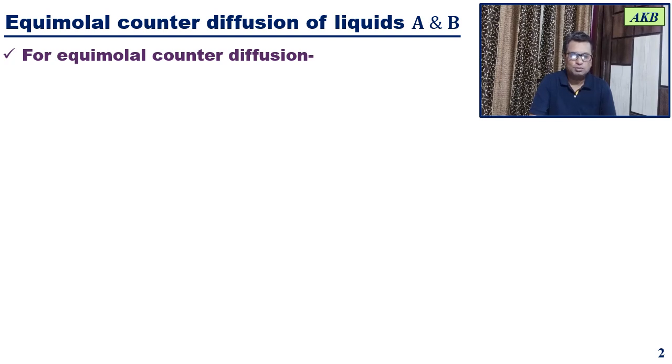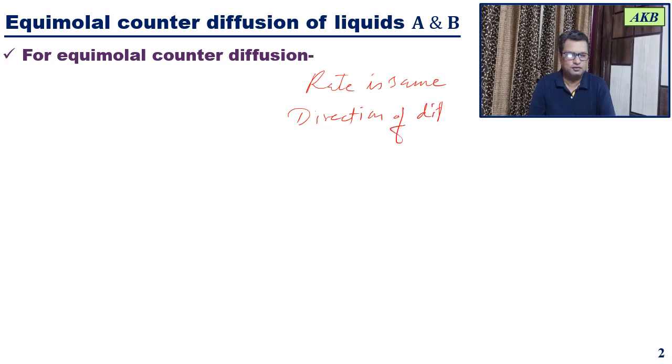The two components are diffusing at the same rate but in opposite direction. So this has to be understood. So in equimolal counter diffusion, the rate is the same, but the direction of diffusion is opposite.